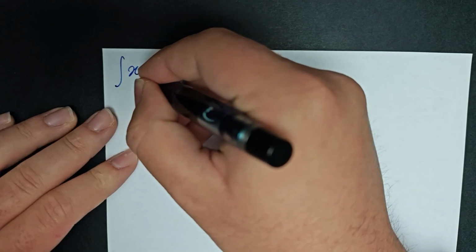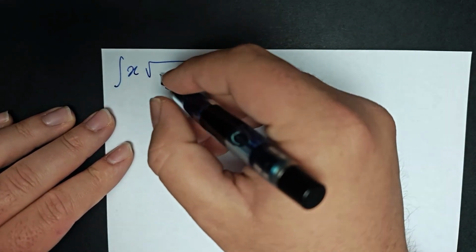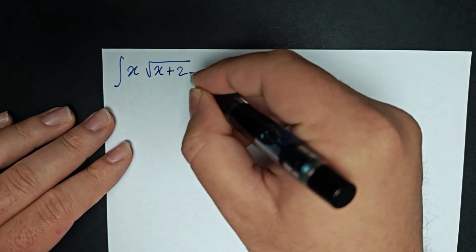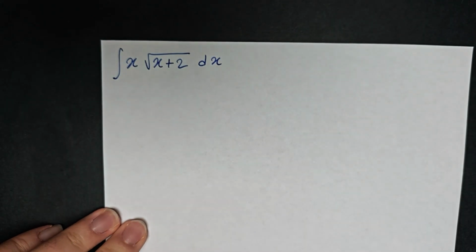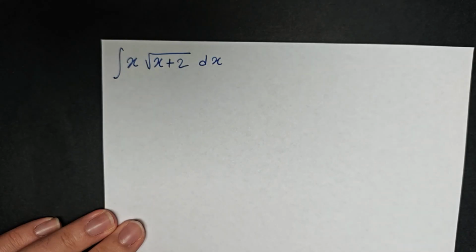Let's solve the next integral from our list, x multiplied by the square root of x plus 2 dx. The first thing which you have to do when solving an integral is to determine what is the area in which that integral is defined. We have a square root function here, and we know that its argument has to be a number larger or equal to 0.